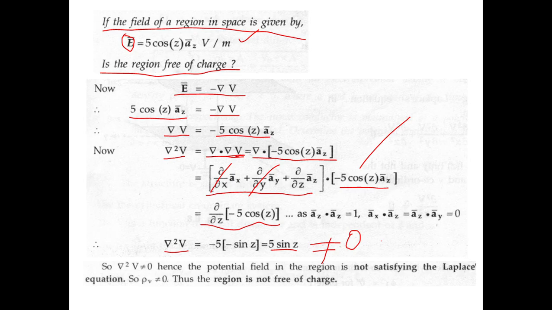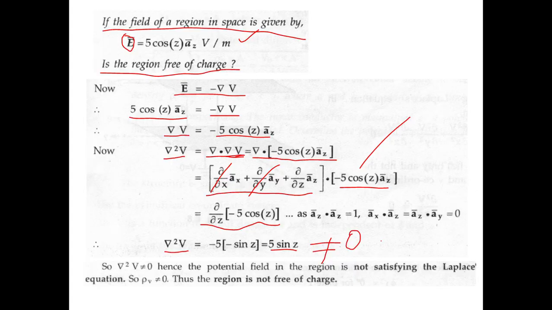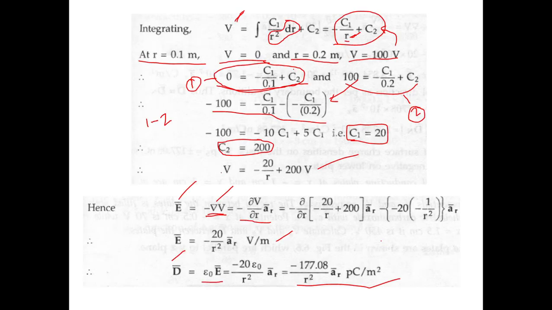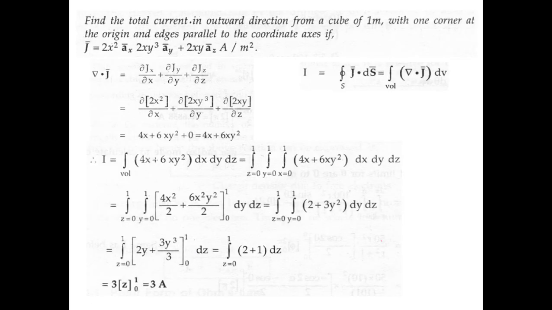So we'll revise the problems once more, whatever we have solved today. This is the first problem, where they had given the J vector and you have to calculate the current I. You have to use this formula here. This is the same as our Gauss law, and this too is the same, from the divergence theorem.